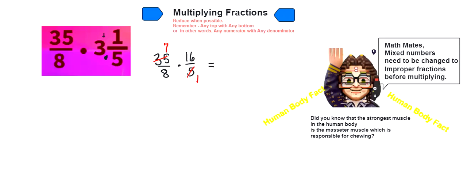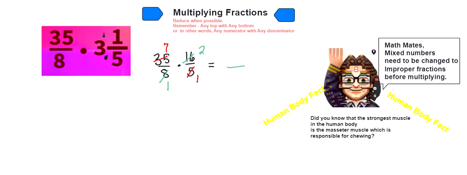Well, 8 and 16 are both even, so we know that at least 2 goes into both of them. But we also know 8 goes into 16 twice. 8 goes into 8 once, and 8 goes into 16 twice. Now, all we have left on the bottom is ones, so there's nothing I can do there.